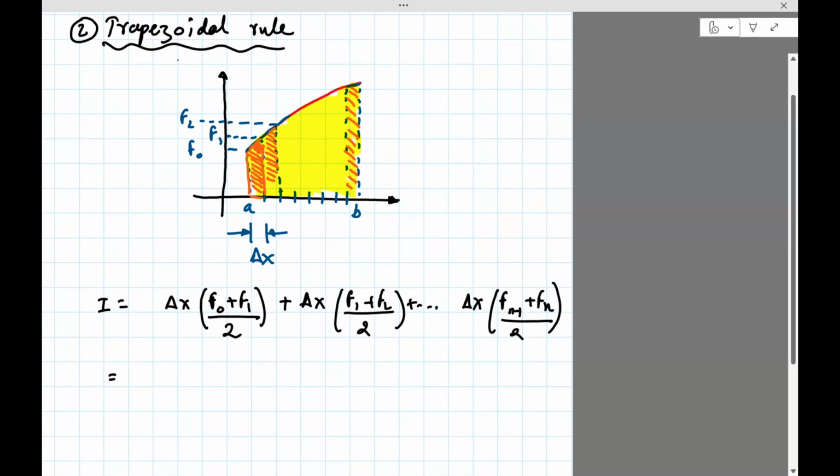So I can pull the delta x out, and you'll observe that f1 appears 2 times, f1 here and f1 there, and then f2 will appear 2 times, and so on. So it will be f0 plus twice f1 plus twice f2, and that keeps happening till I reach f n minus 1, and then f n is only going to be a single one. This whole thing times delta x divided by 2.